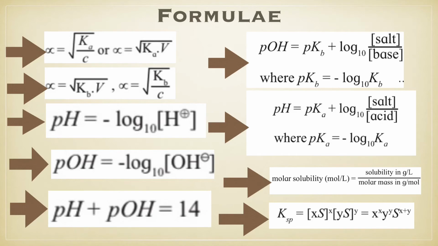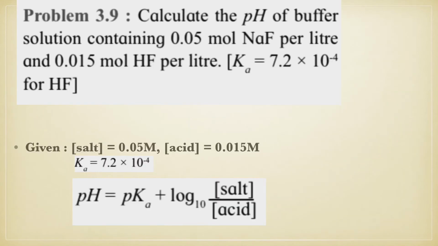today. First problem: calculate the pH of a buffer solution containing 0.05 mole NaF, that is sodium fluoride, per liter and 0.015 mole HF, hydrofluoric acid, per liter. What is given?